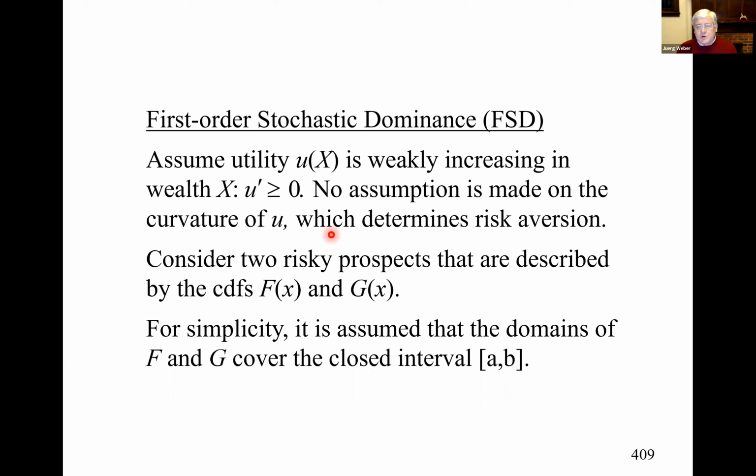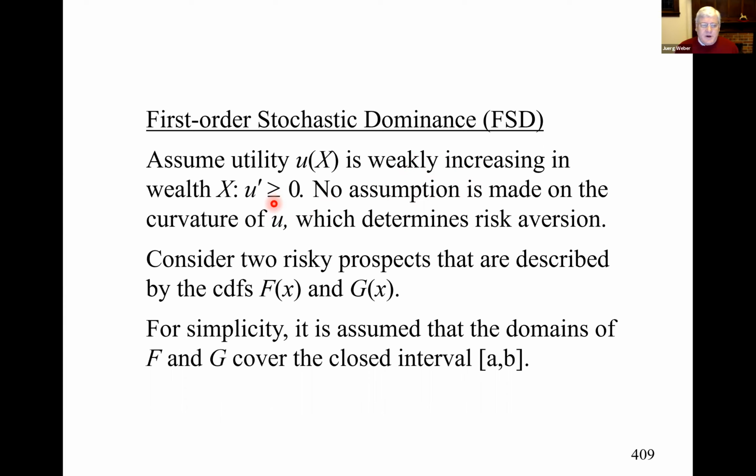You just assume that people prefer more to less. So you have a positive first derivative of the utility function. Actually weakly, so we also can have an equality sign. But basically, people prefer more to less.